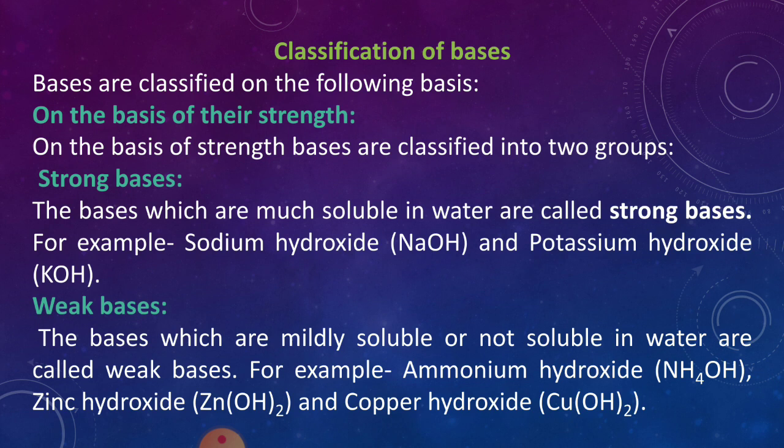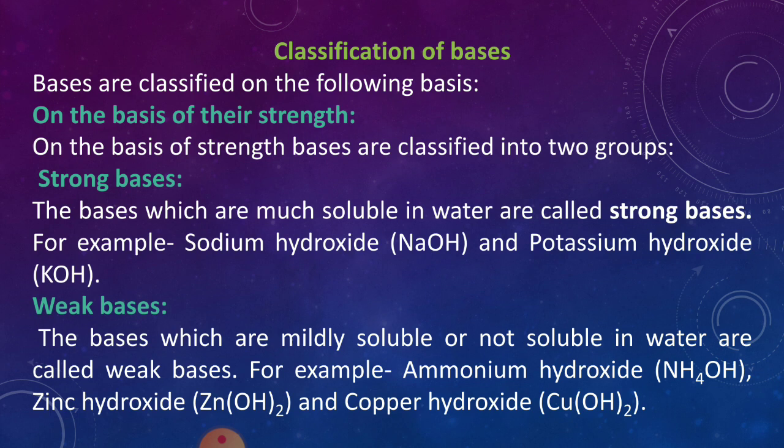Then weak bases. Weak bases means when we dissolve them in water, they are only mildly soluble, meaning a very little amount of base will be dissolved in water. They will be broken down in a little amount, meaning they will not completely dissociate, and they will produce a very little amount of OH minus ion, negatively charged hydroxide ion, in water.